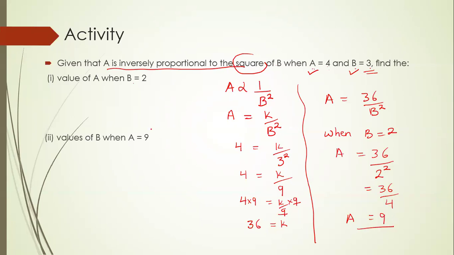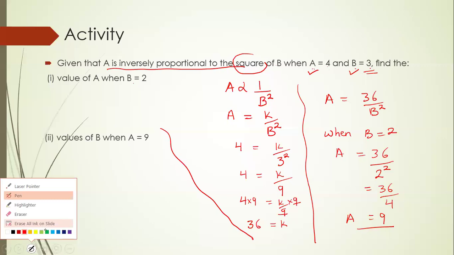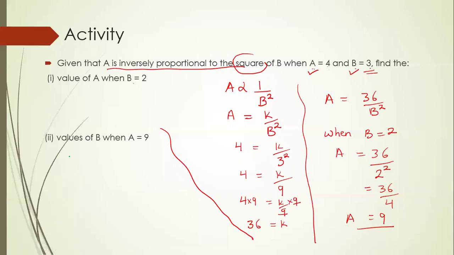Now, when it comes to the second part, you also read it very well. The first equation we obtained, that A is equal to 36 over B squared, is what you use. But we said always pay attention to the words values of B. When A is 9, where there is A, we put 9.